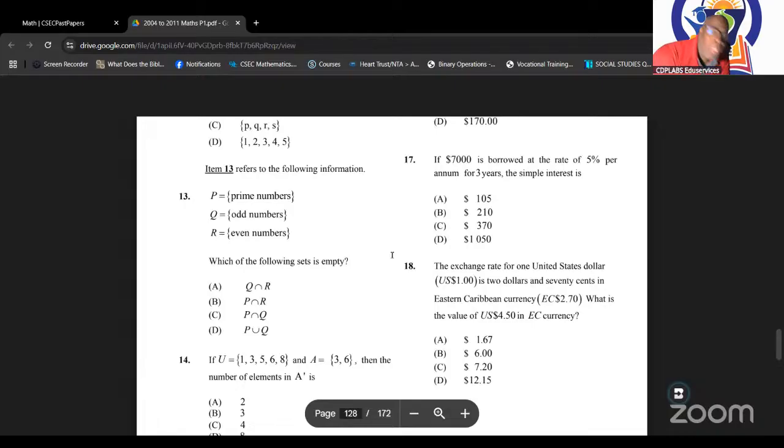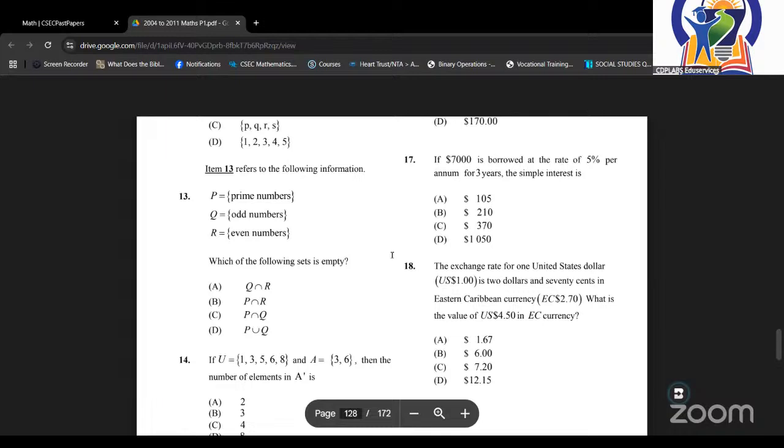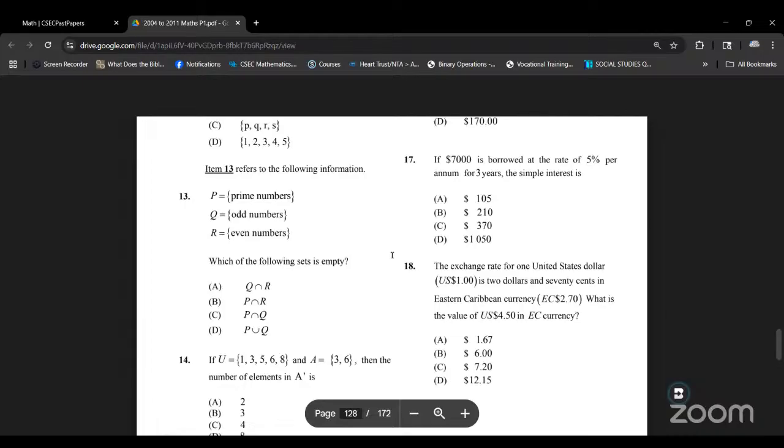What symbol is there for A? What does that symbol mean? What's the name of the symbol?